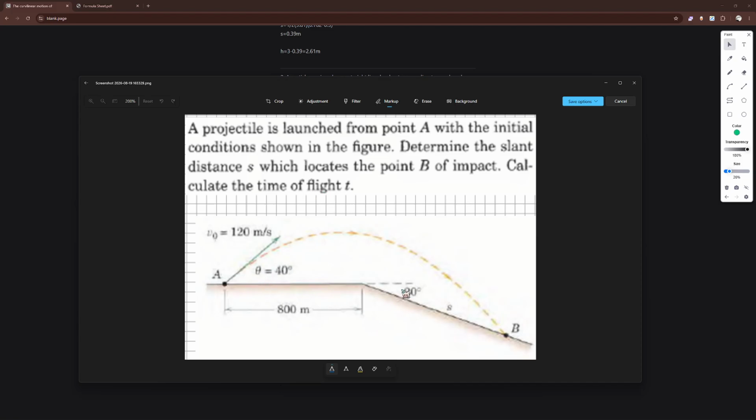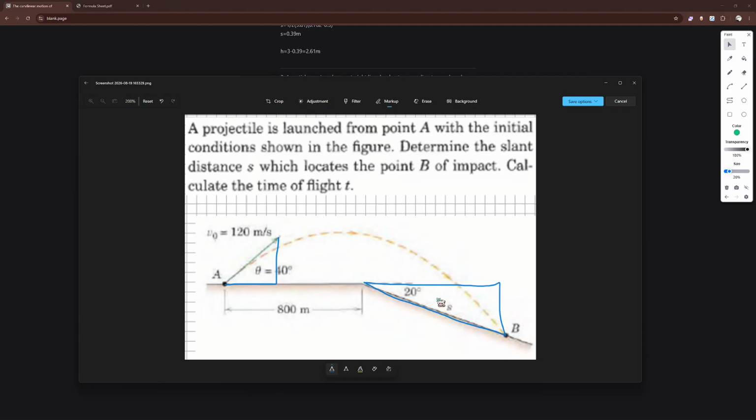Okay, so a few things here. We have two triangles. This is a velocity triangle. These are not related triangles, by the way. This is a distance triangle. Those are our triangles.